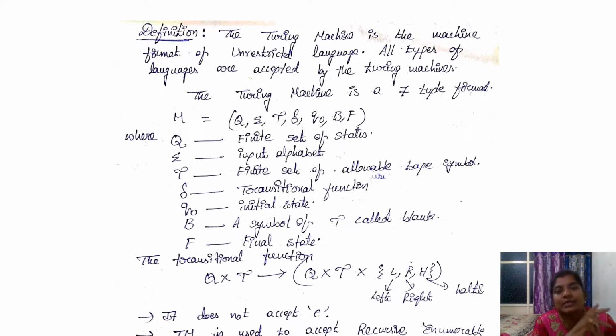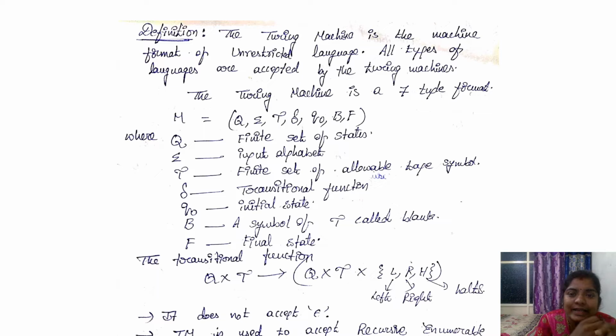In this, how we can design the Turing machine and what is the main role of that particular Turing machine, and how, after applying some inputs to that particular machine, that particular input is either accepted or rejected. That is the main thing.